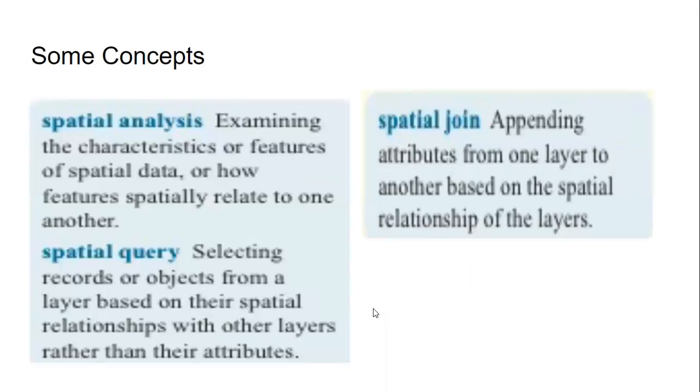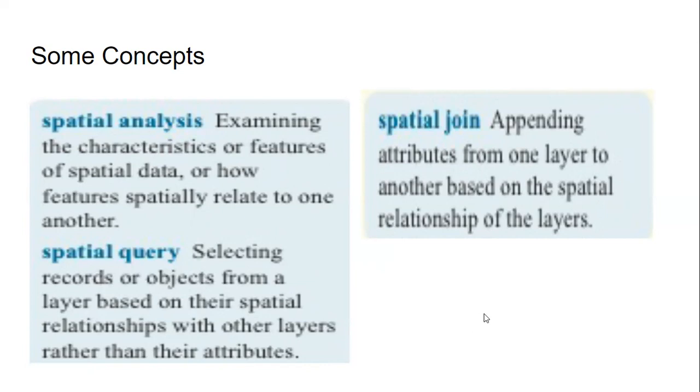The first one is spatial analysis, which examines the characteristics and features of the spatial data, or how features spatially relate to one another. Another one is spatial query, selecting objects from a layer based on their spatial relationship with other layers, rather than their attributes.